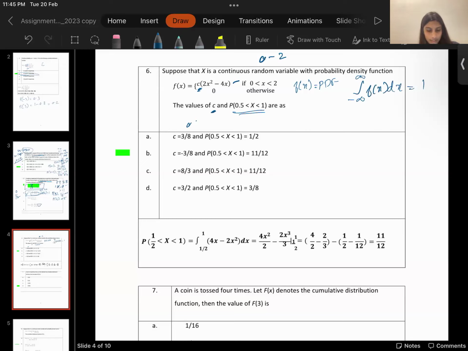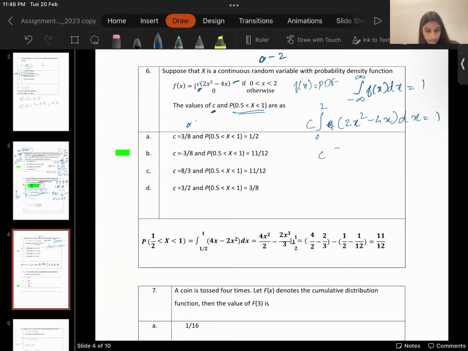So the given interval is 0 to 2. So the integral from 0 to 2 of c times (2x square minus 4x) dx is equal to 1. You just keep the c outside now.